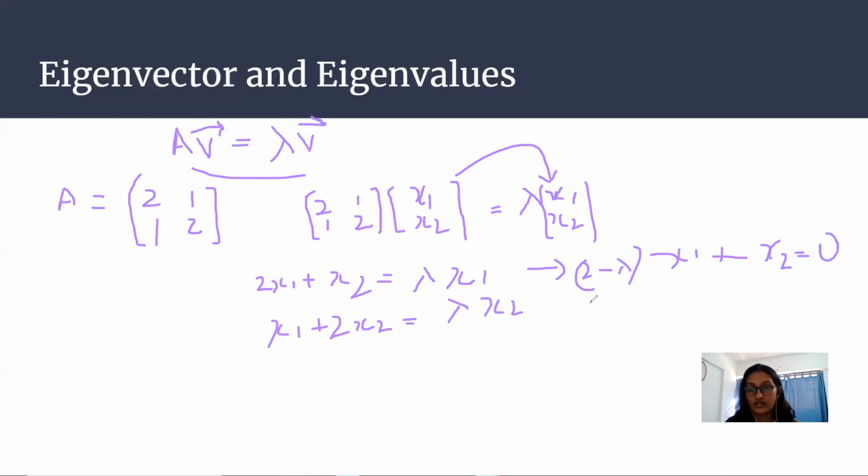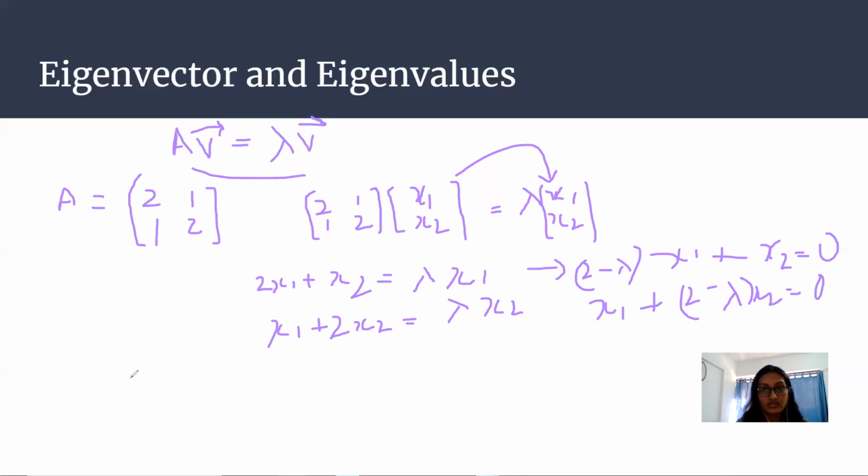And similarly, x1 plus (2 minus lambda) x2 equals 0. Right, so this is after the rearrangement that we have got.